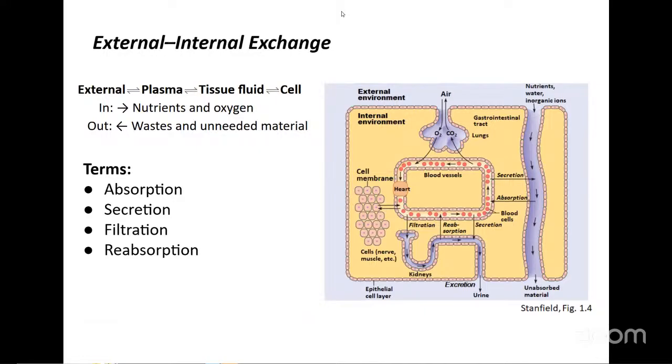I'll talk about this a lot, especially when, again, in A&P2, we talk about kidneys. So this is a for later thing. But absorption is going to be moving into the body, or we can put reabsorption in this category as well, right? So coming from the external environment into the internal environment, we have absorption or reabsorption, depending on exactly what organ system we're talking about.